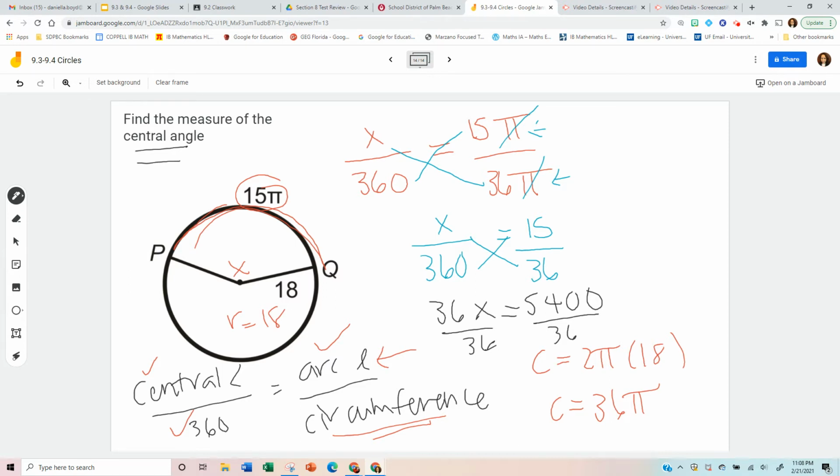And I get x is equal to 150. Remember, this is in degrees because it was an angle, so the central angle is equal to 150 degrees. And you still use the same formula, but you put your x somewhere different, and then you solved according to that.